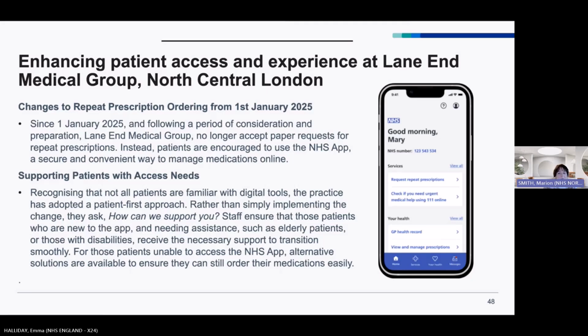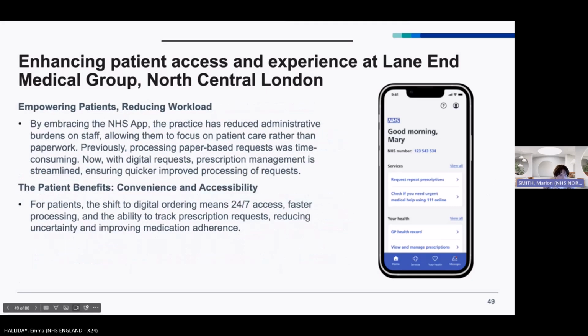Staff ensure that those patients who are new to the app and needing assistance, elderly patients, those with disabilities, receive the necessary support to transition smoothly. And there are some patients, as you would understand, that are unable to access the NHS app. So alternative solutions are available to those patients so they can get their medications easily, but that's a relatively small number in the whole scheme of things. And if you look at their website, you can see what they've done.